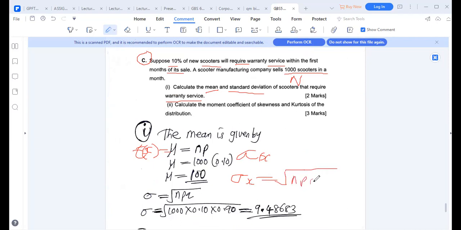We knew our P is 0.1, and our Q is equal to 1 minus P, so our Q is 1 minus 0.1, which is 0.9.